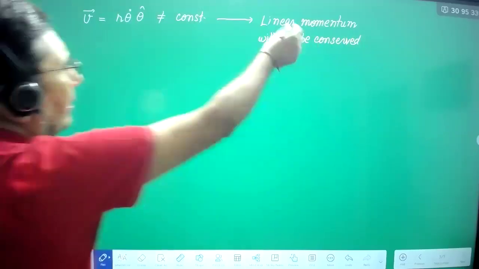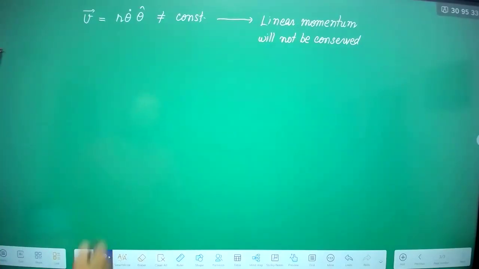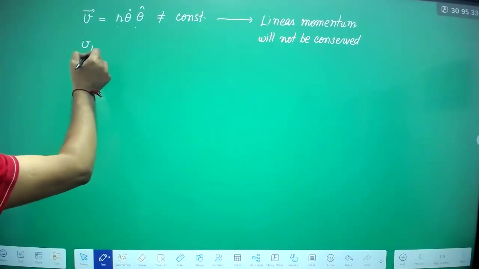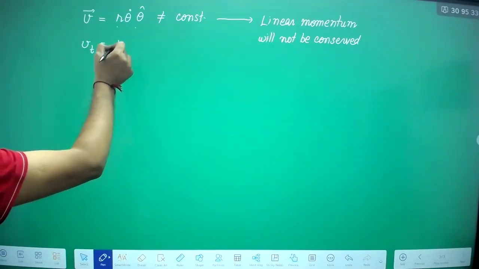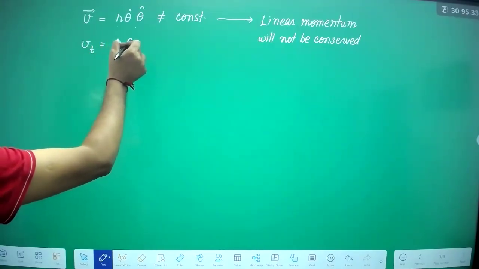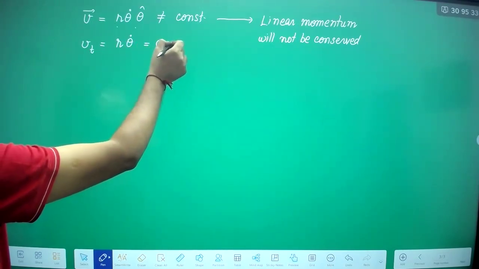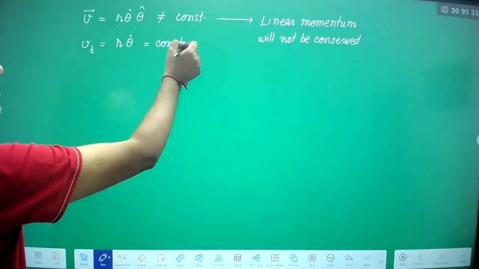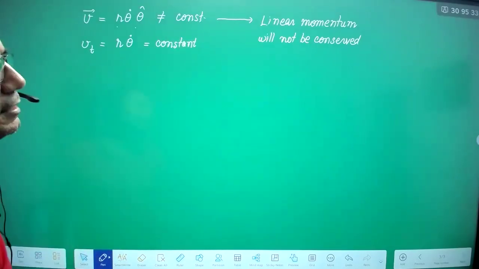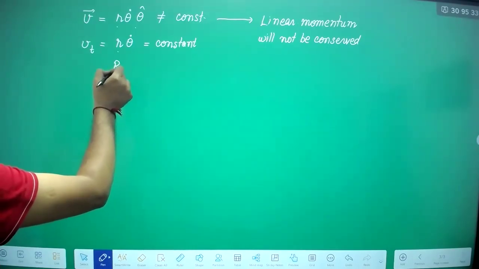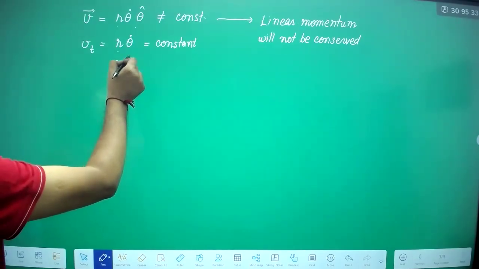Okay, I will again come to this point here. Now you are saying its speed, Vt, that is R theta dot, is constant. Magnitude is constant. Now, remember this, what is this R? This R is capital R, and this is theta dot.